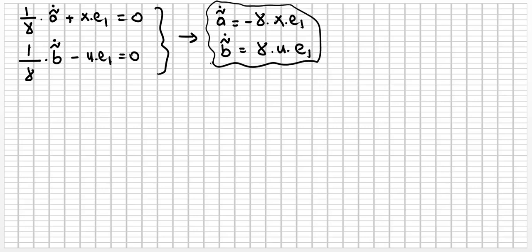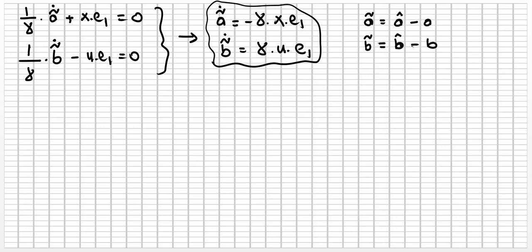But you should remember that a error hat is equal to a hat minus a. And so b error hat is equal to b hat minus b.